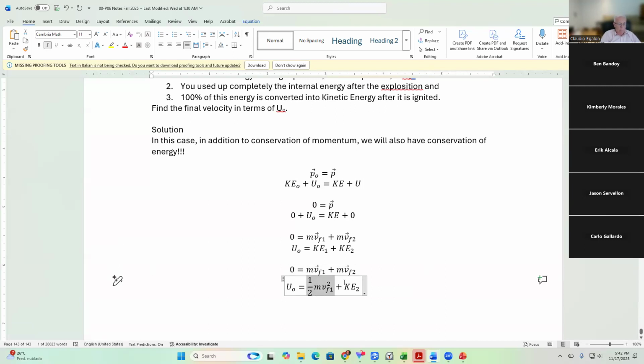Final kinetic energy of 2. And I'm going to emphasize the fact that we do not know V final 1 and V final 2.